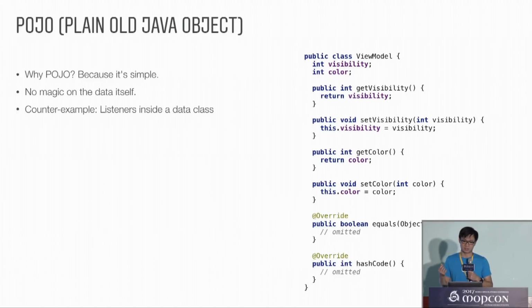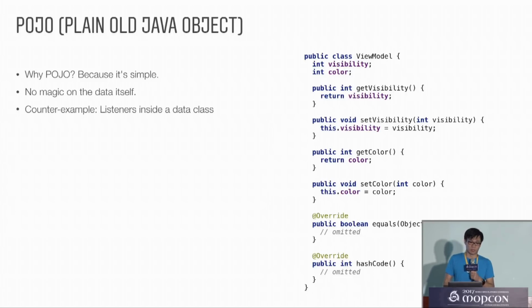You want to use POJO objects, plain old Java objects, as much as possible. A POJO object is defined by having only a simple setter and simple getter, and there's no magic inside the object. You don't have any side effect in the object.